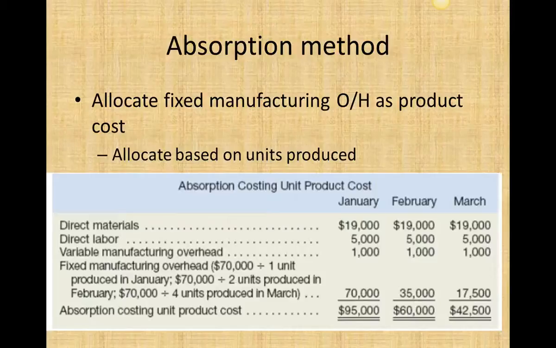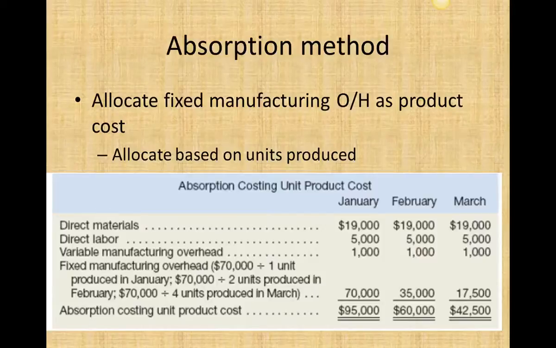So in our example, to calculate the product costs using absorption method for each month, January, February, and March, we include the direct materials, labor, variable manufacturing overhead given, and then we look at the fixed manufacturing overhead and we allocate it based on the number of units produced.